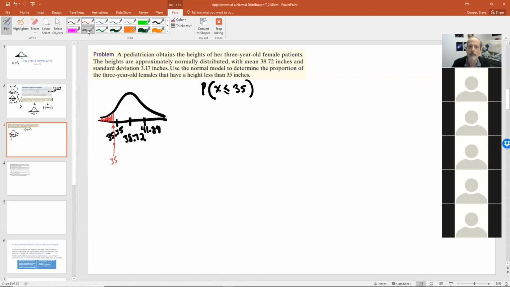Okay, so what we need to do is go back to our z. We're going to convert to standard normal. We convert to a z value, that way we can use standard normal.